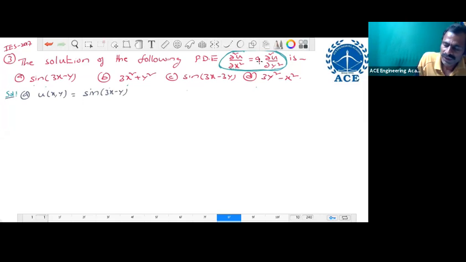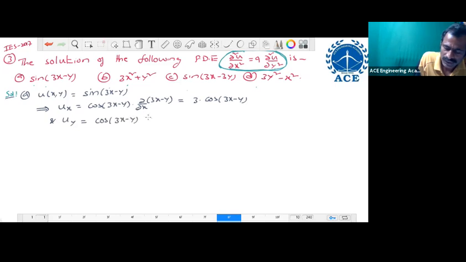According to the differential equation, we require the two second order derivatives with respect to both variables. u_x, the partial derivative of u with respect to x: derivative of sine is cos, times the inner function derivative ∂/∂x of (3x − y), equals 3 cos(3x − y). And u_y equals cos, times ∂/∂y of the inner function, that is minus 1, so −cos(3x − y).